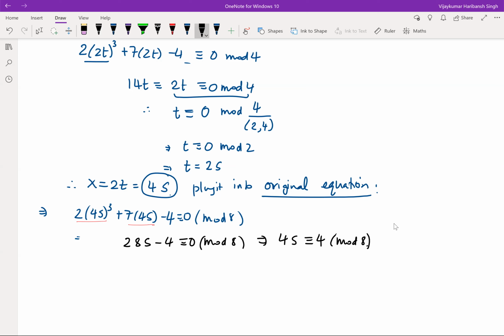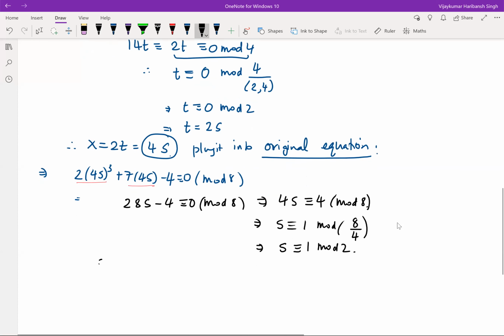This implies, using the cancellation property, s is congruent to 1 mod, what did we cancel? c is 4. So 1 mod 8 divided by 4. So s is congruent to 1 mod 2.